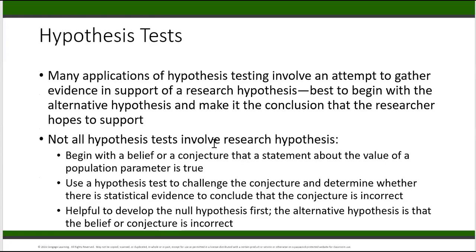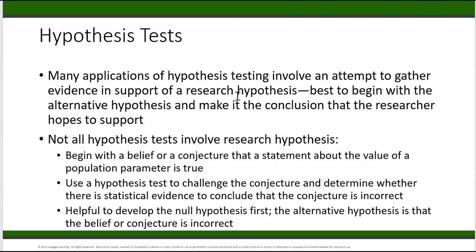When you have an assumption about something, let me show you the next slide. So if you have a research question, or research hypothesis, it is usually a statement about a population parameter where there is a claim. This is something that if you want to claim, you need strong evidence for.